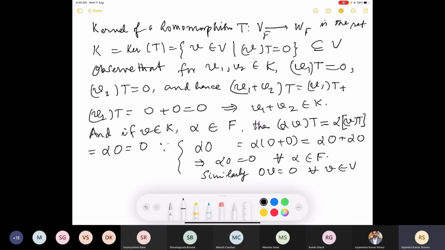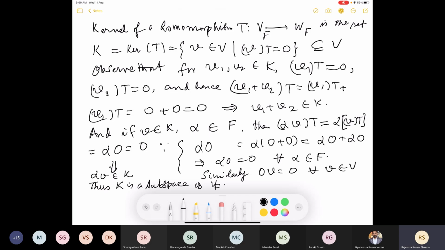So alpha v is in the kernel, and therefore the kernel is a subspace of the vector space.